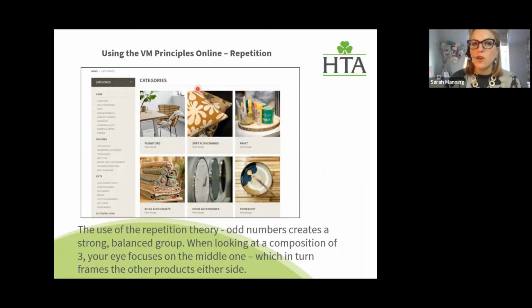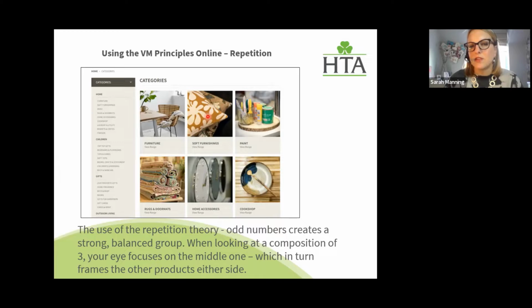So if we always keep this odd quantity, I think it helps to make the product selection on the page smaller for the customer. If you were to look at, say, mass market fashion retailers, off the top of my head, brands like ASOS, you might want to have a look at their website. If you click on dresses, for example, I think they use up to 6 icons of product.